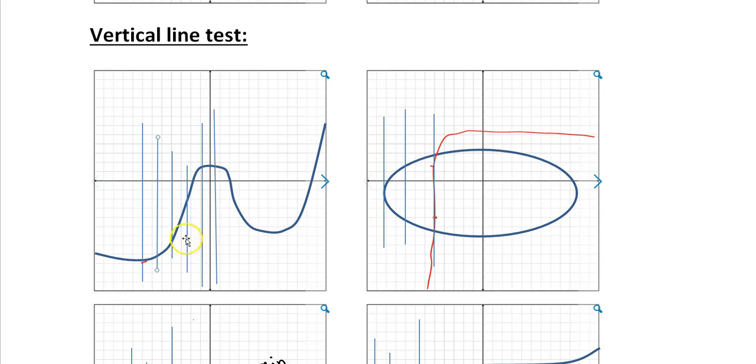So here you can see I have all of these different lines. If I drop a vertical line anywhere along any of these x values, I'm only going to cross this thing once. Again, by definition, we have a function.